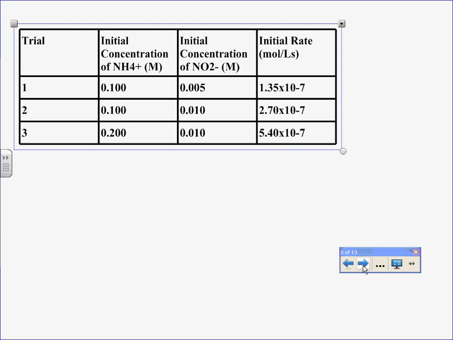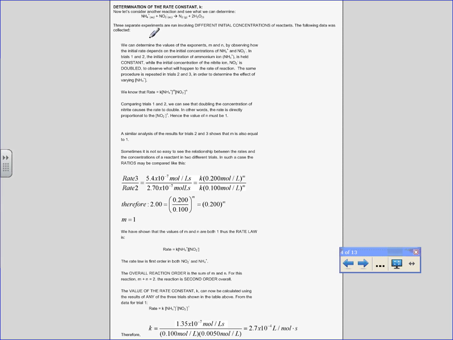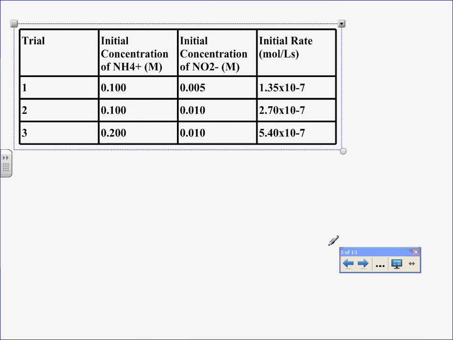Okay, let's look at another example here. In this example, we're looking at this reaction: NH4 plus plus NO2 minus goes to N2 plus 2H2O. The experimental data that we've collected is here. Now in this case, we're looking at a scenario where we've got two reactants.